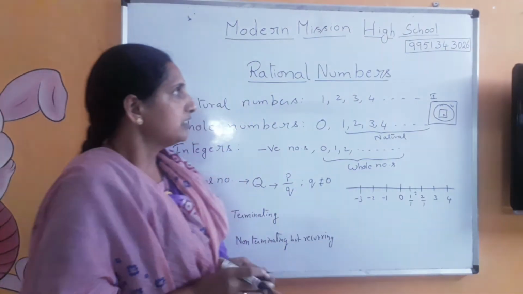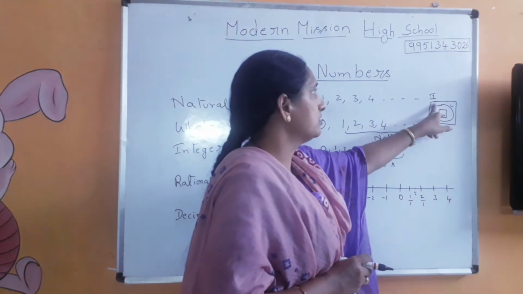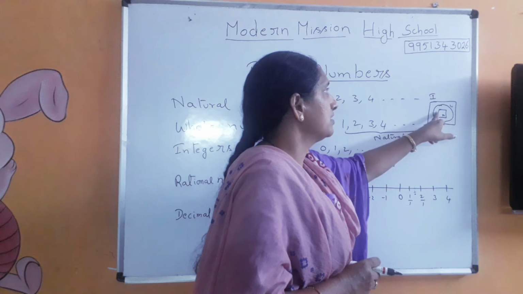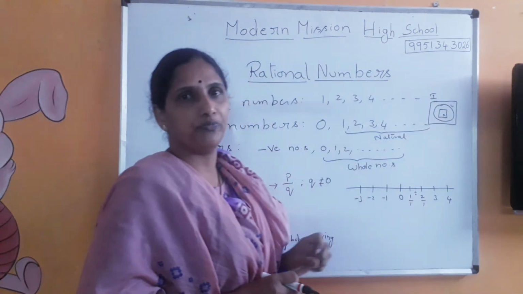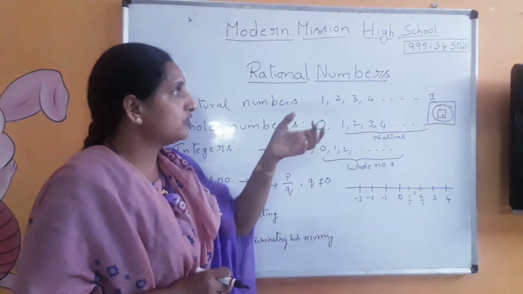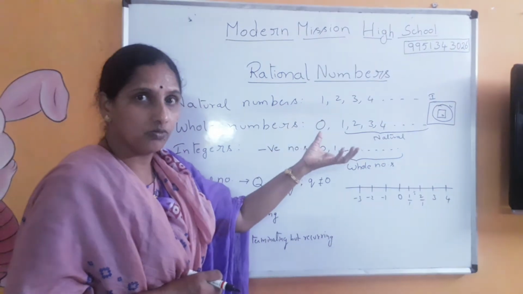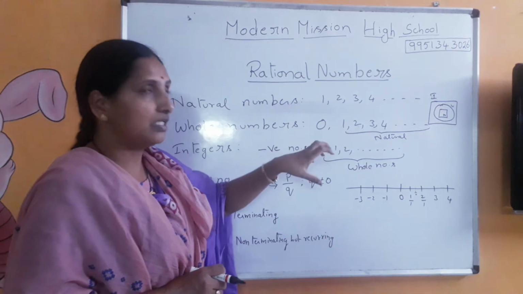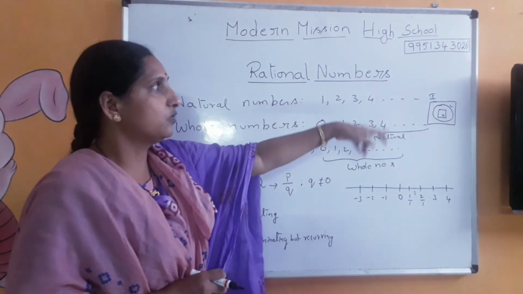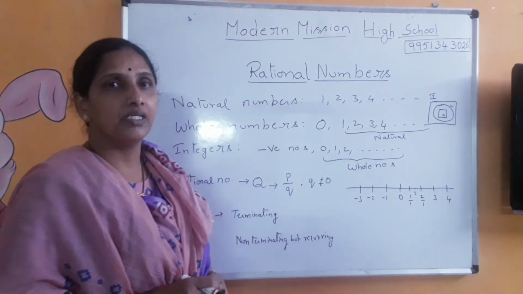So in integers you have negative numbers other than whole numbers. In whole numbers you have natural numbers other than 0. Is it not? So you have natural numbers without 0. If 0 is also included, that forms whole numbers. And if whole numbers are included along with the negative numbers, then the whole group will become integers.